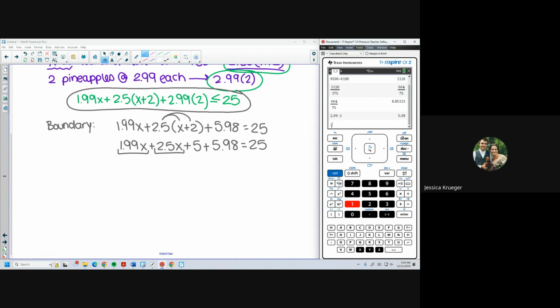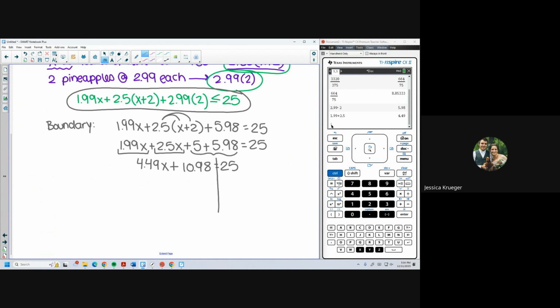I'm going to take 1.99. Remember, you can't enter an x in here, at least not if you haven't stored a value. So I'm going to take 1.99 plus 2.5, and that's going to give me 4.49. So when I add these together, I get 4.49x plus 5 and 5.98 is 10.98.